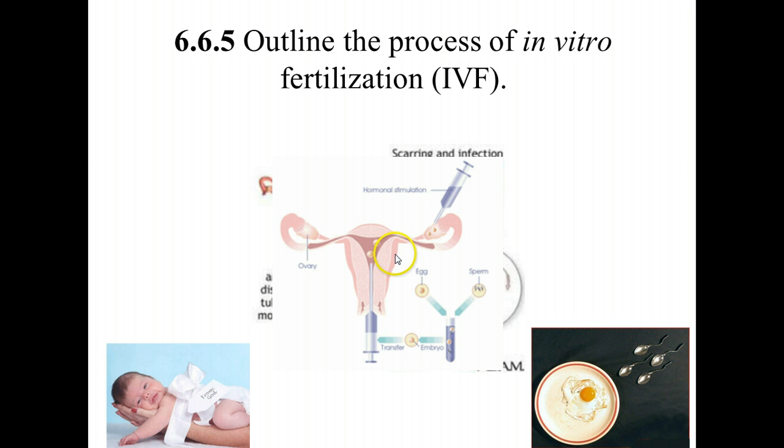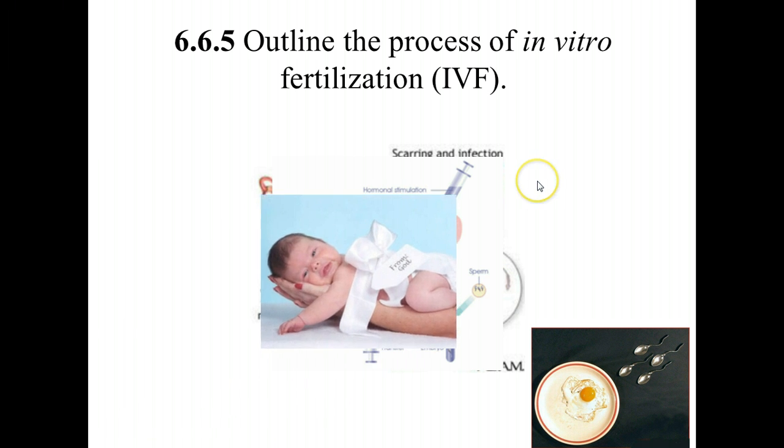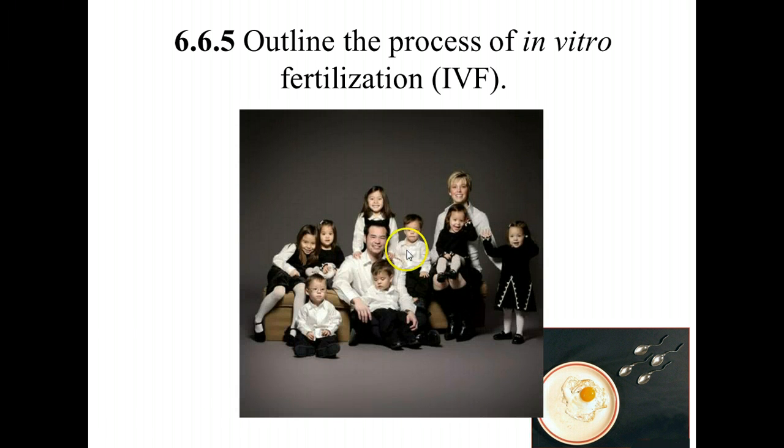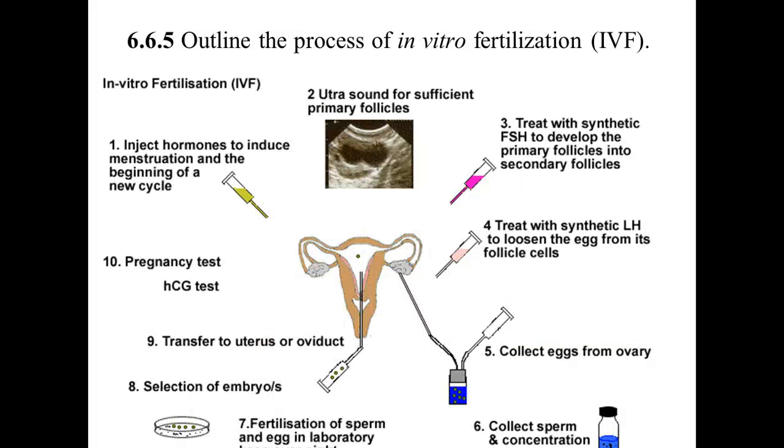So often doctors put in more than one, which can be problematic. That's what happened here with John and Kate with their last, I don't want to say litter of kids, but it's kind of what it was. Or with Octomom. They put in more than they hoped for, and more than one implanted.